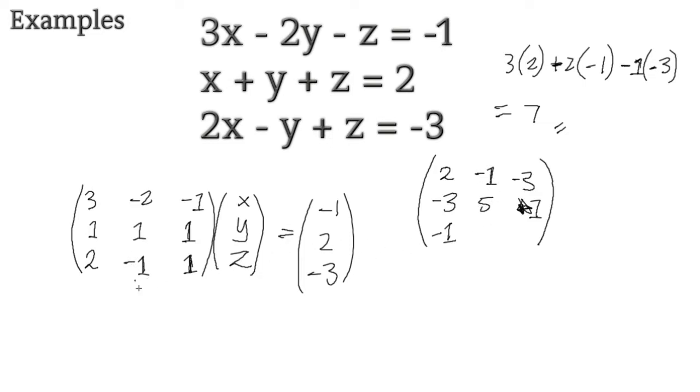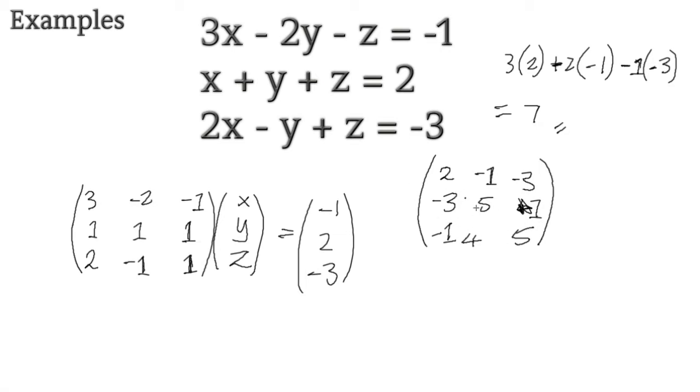And for the bottom we have 3 plus 1 gives me 4. Whoops, that is not in the right spot. This one is 3 take minus 2, which is 5.